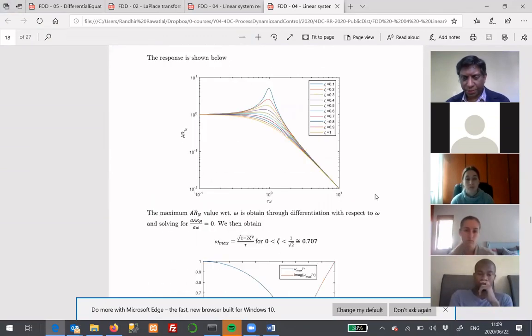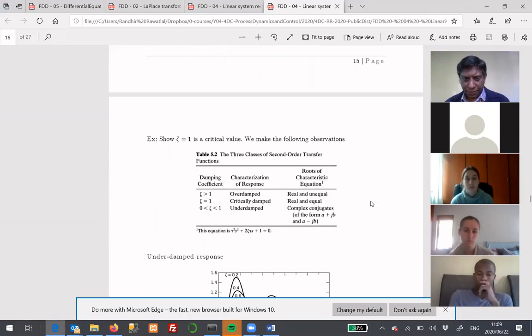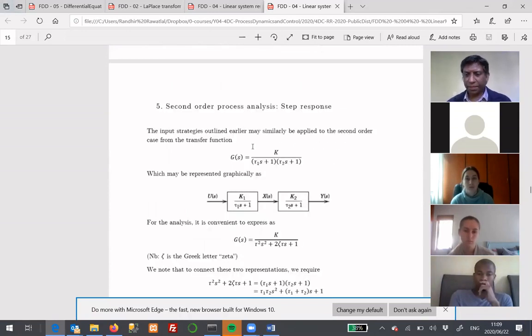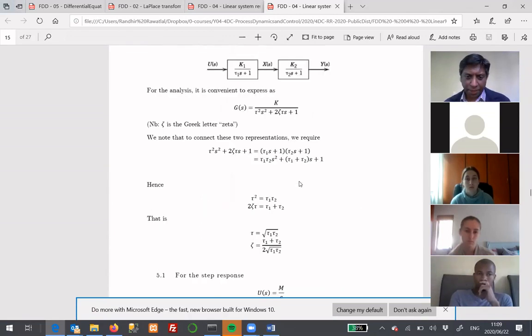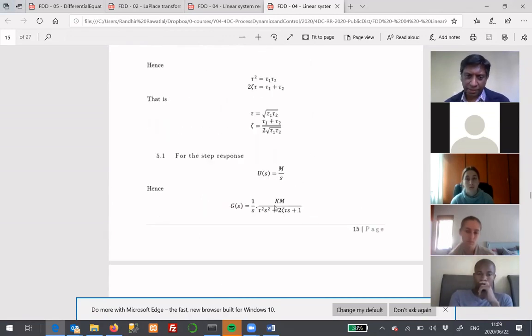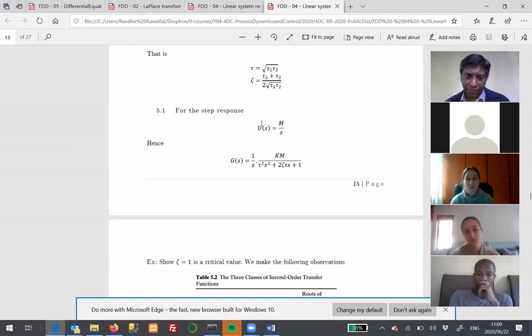So if you look around here, around page 15, 16, 17, here's this example for a second order process. And we are applying step inputs and sine inputs. So for a step response, we applied different values of m. And in our problem, that's basically Kp.